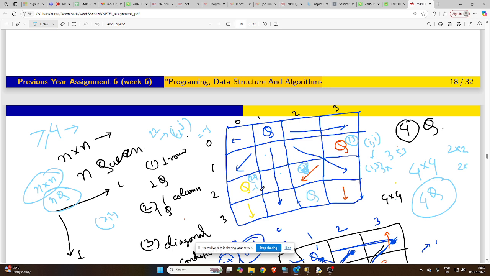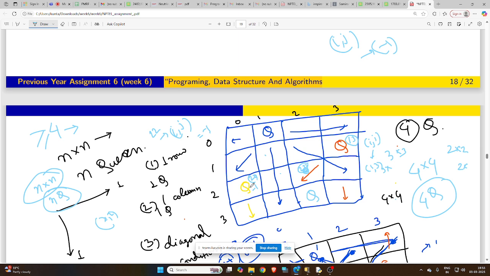Now for the yellow one, whenever minus 1 comes at the ij index, that means it is attack free. So that means here I can put one queen.